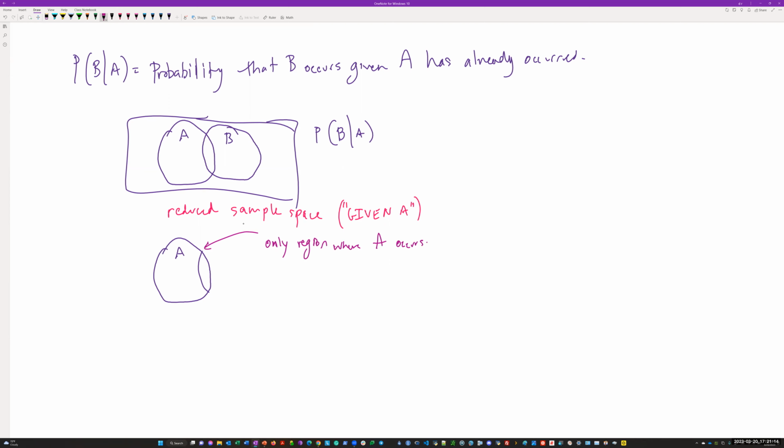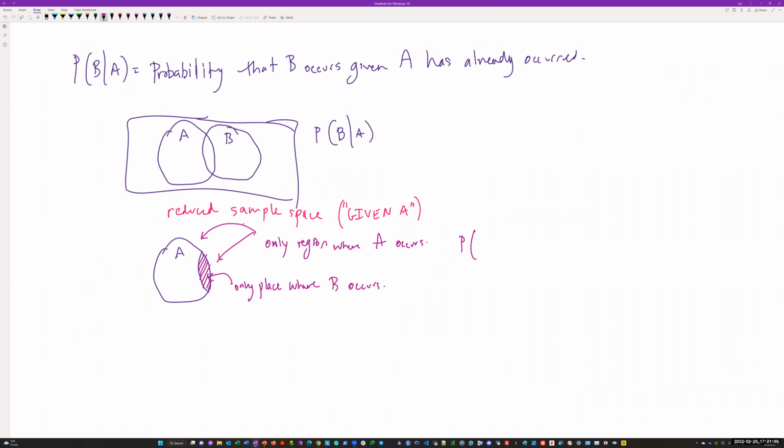So if that's the only region where A occurs, then if I say probability of B given A, now it really means the chances that this part happens, because that's the only place where B occurs.